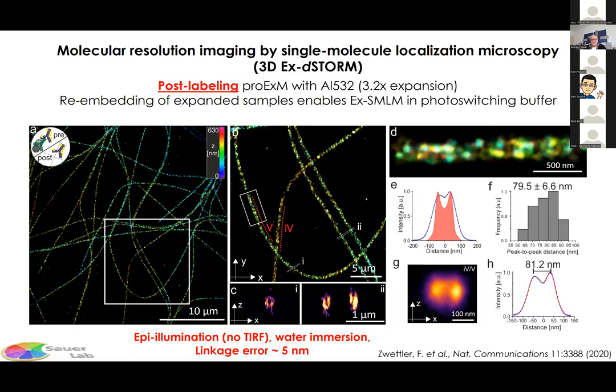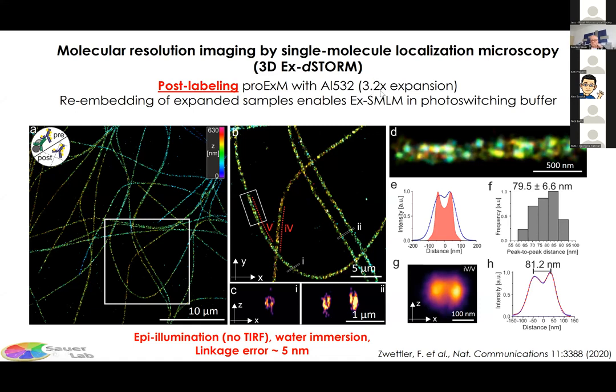So of course, the trick is again to use post-labeling, and then you end up with microtubules with a diameter of about 80 nanometers. And this means that your primary-secondary antibody complex, which is about 17.5 nanometers, melts down to a linkage error of about 5 nanometers for a 3.2-fold expanded sample.